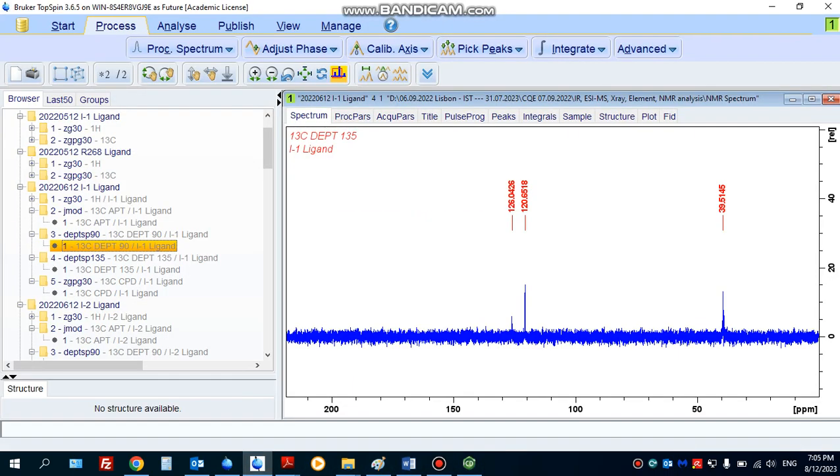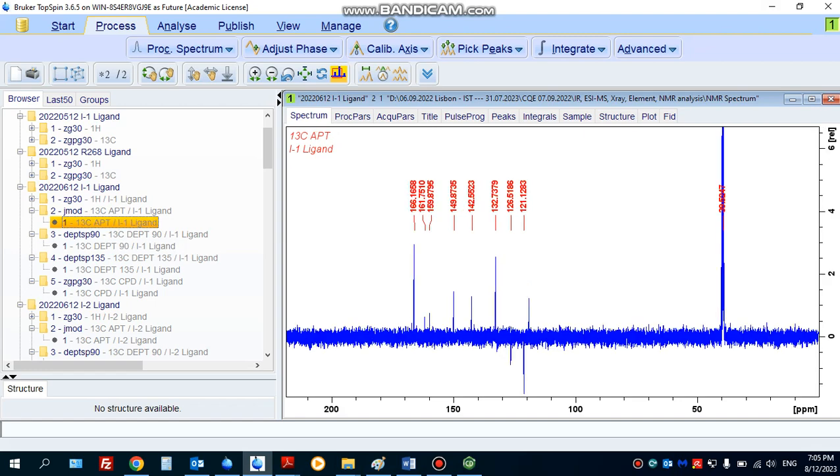Then if we go to 13C APT, we will see 8 carbon atoms but 2 downside. So with 13C APT we can identify quaternary carbon atoms, tertiary carbon atoms, primary and secondary. Primary and tertiary carbon atoms will be downside, quaternary and secondary carbon atoms will be upside.